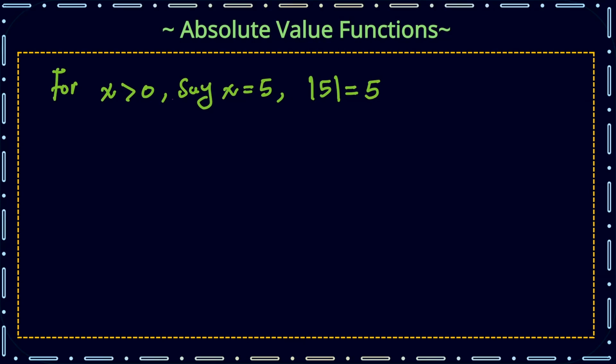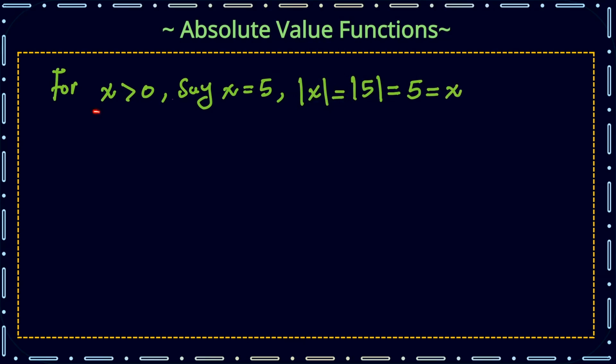Keep in mind that this is absolute value of x. I have chosen x to be 5, so absolute value of x is absolute value of 5, and that is equal to 5. Well, the same exact thing as x.